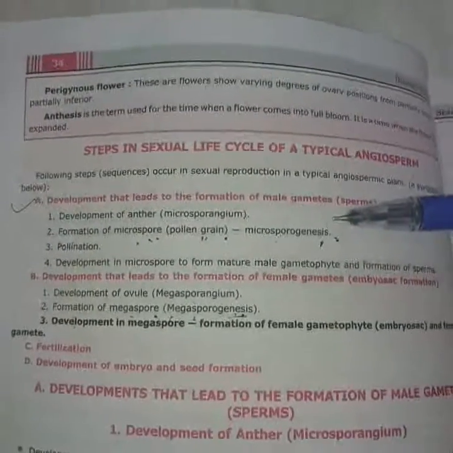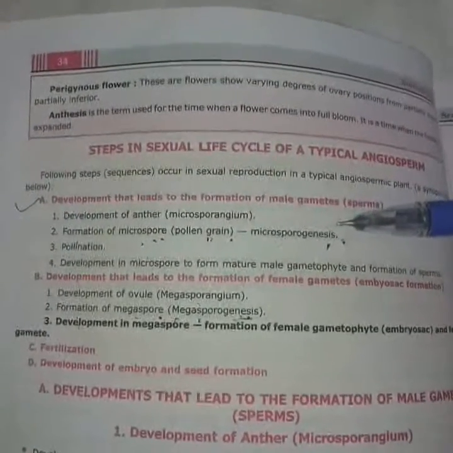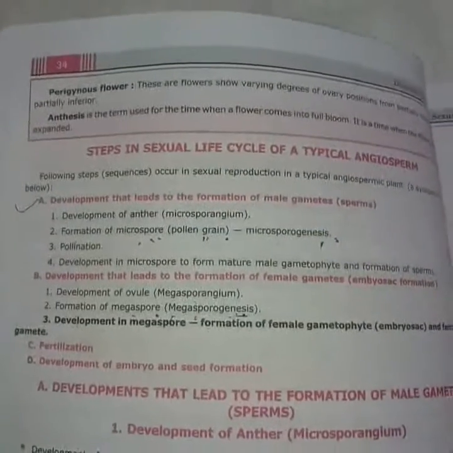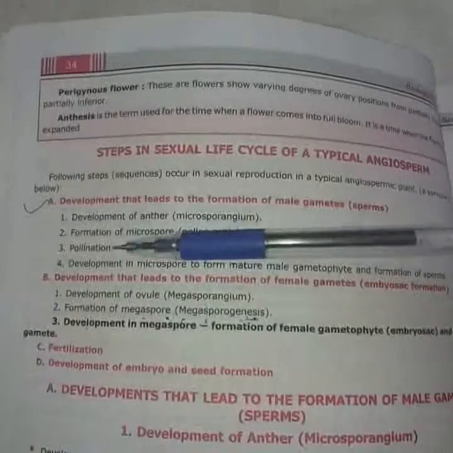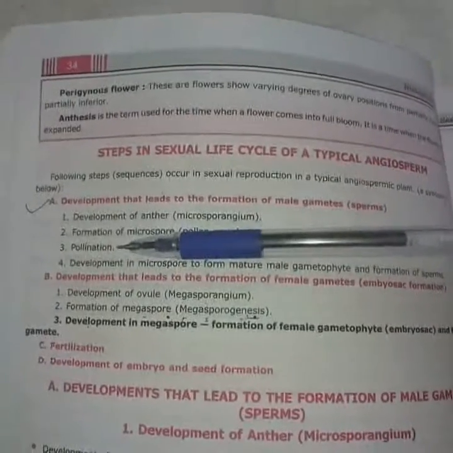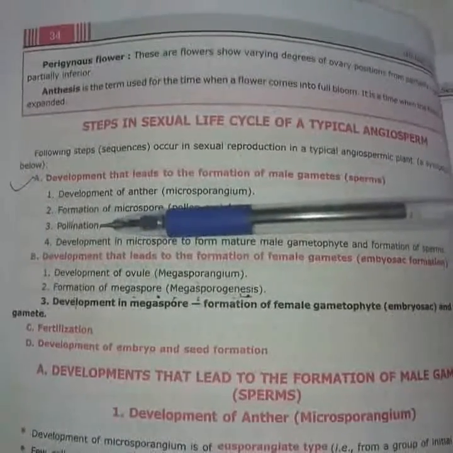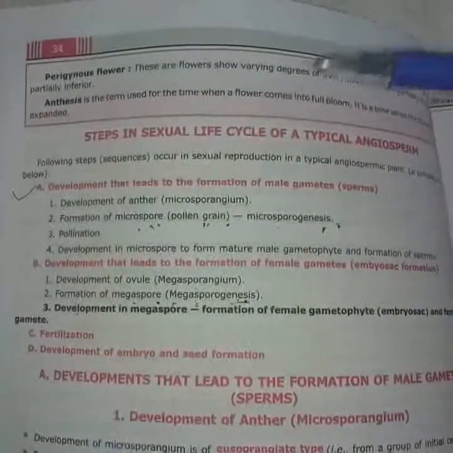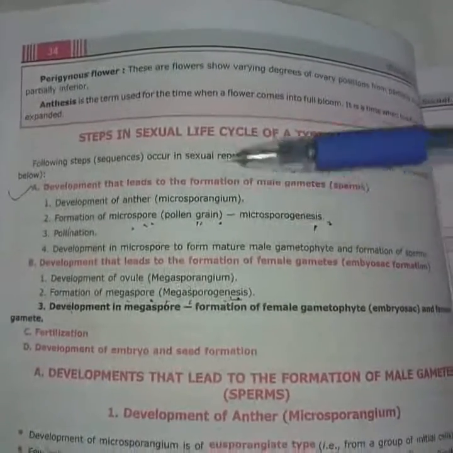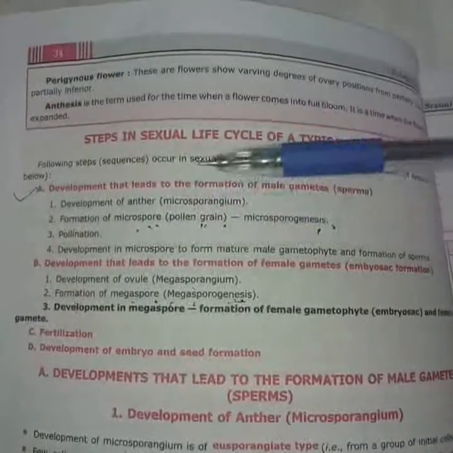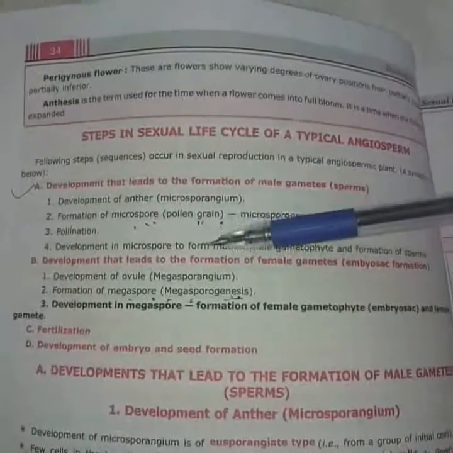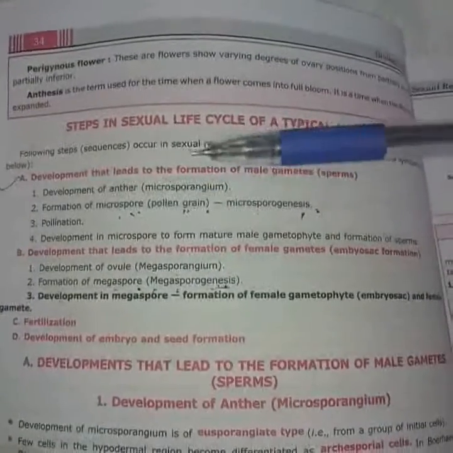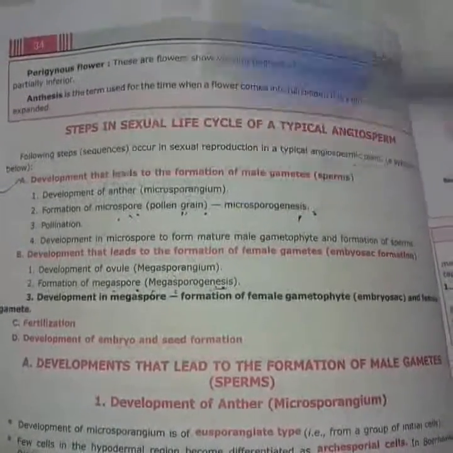Microsporogenesis is the method of formation of microspores or pollen grains. The next step is pollination, which was explained in the last video. The process of pollen grains reaching the female stigma is called pollination. I explained it in detail in the last video.